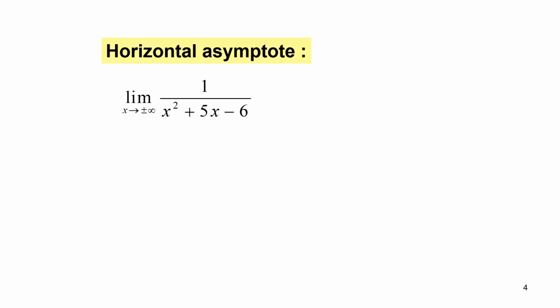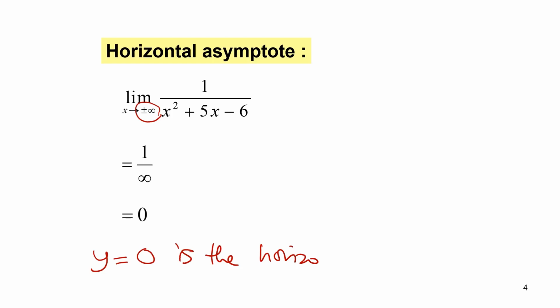How about the horizontal asymptote? For the horizontal asymptote, we always test the limit as x tends to positive infinity and negative infinity. For this function, we have 1 over infinity and it equals 0. Therefore, we might conclude that y equals 0 is the horizontal asymptote.